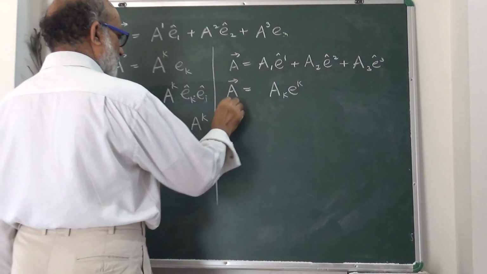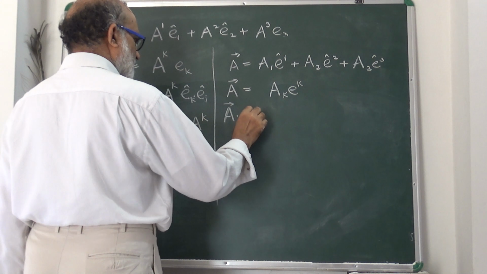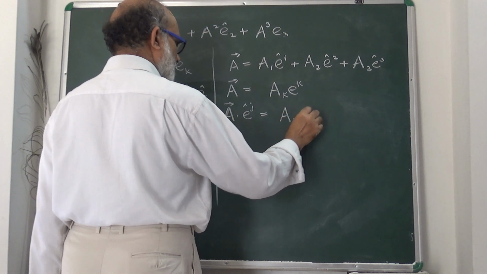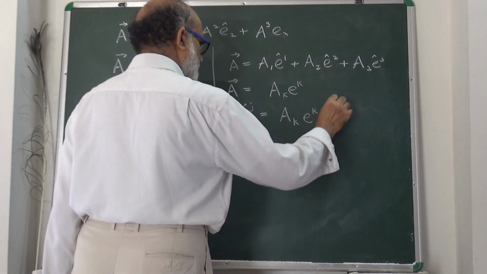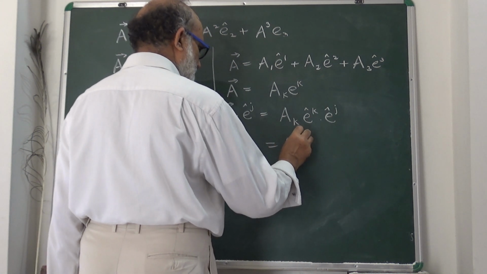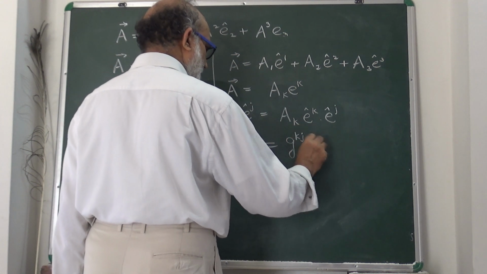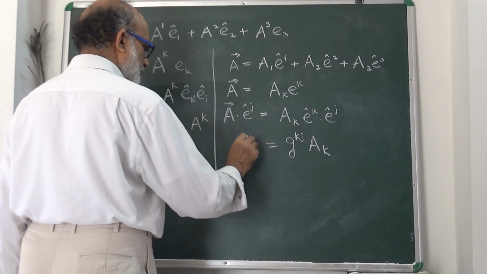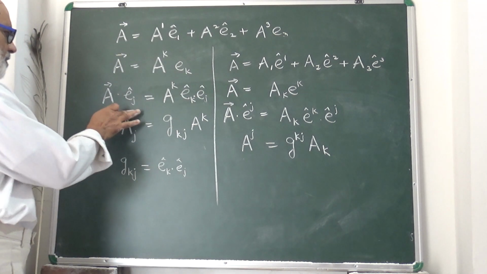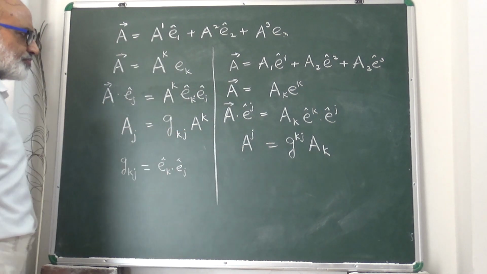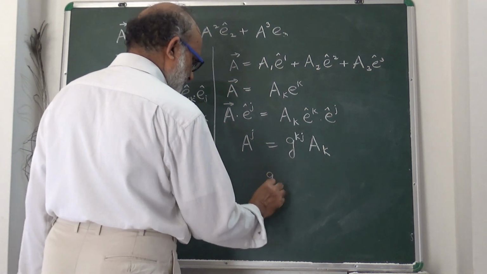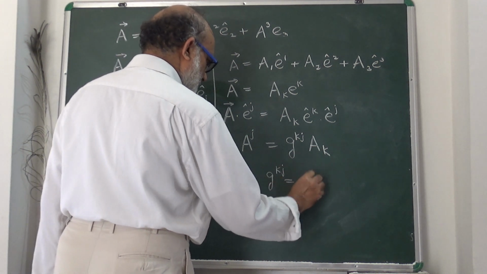Now if you multiply here by, say, EJ, you get AK EK dot EJ. This again is written as G KJ AK, and this is this component.